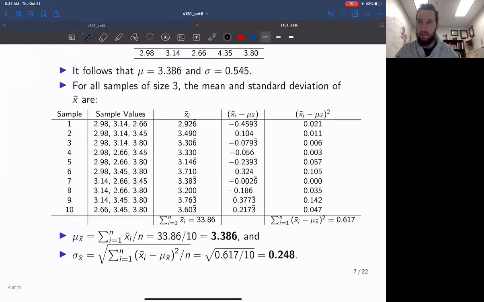I collect 10 samples because 5 choose 3 is also 10. Listed in the table are the 10 samples. So you can see that I have the sample number and the values that belong to each sample. For each sample, I compute the sample mean, and then I find the mean of all the means. Notice here that this is the exact same value as what was given when the samples were of size 2.